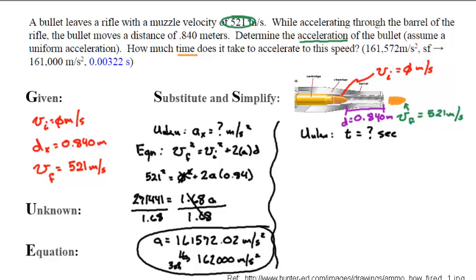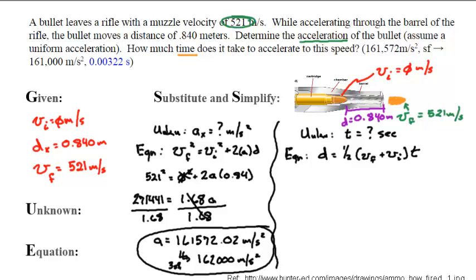On my second problem, if I'm looking for time, the equation that I'm going to use is distance equals 1/2 times velocity final plus velocity initial times time, which I don't know.